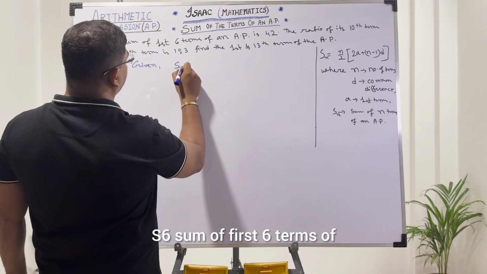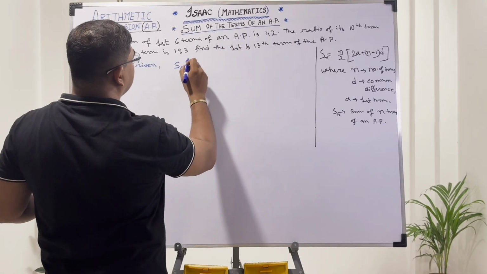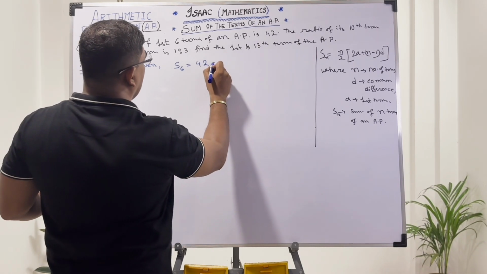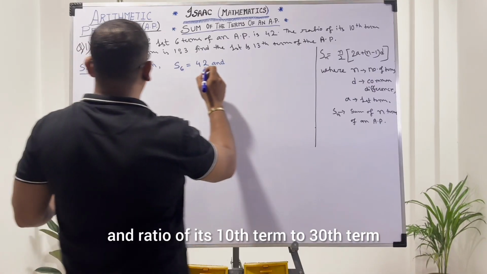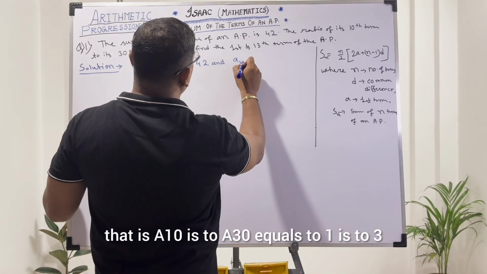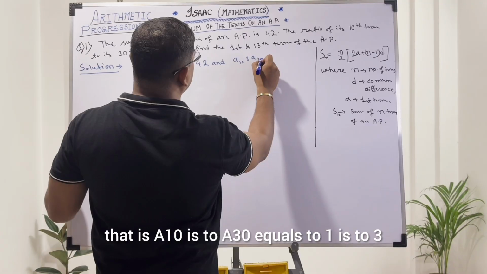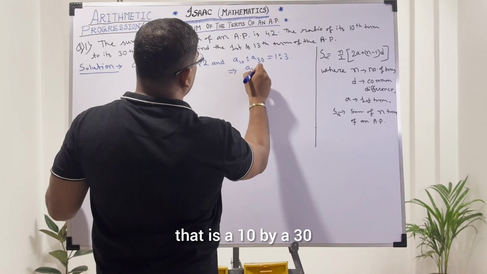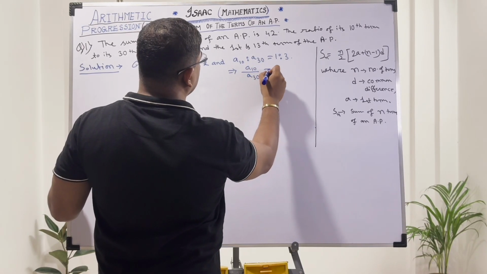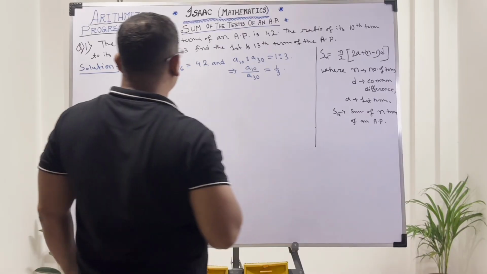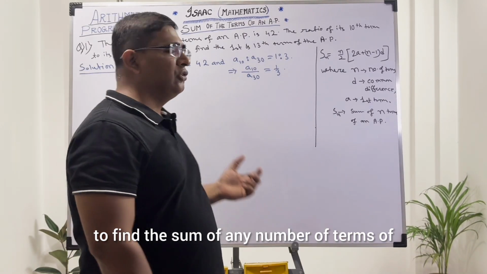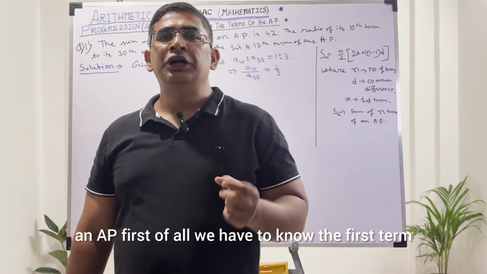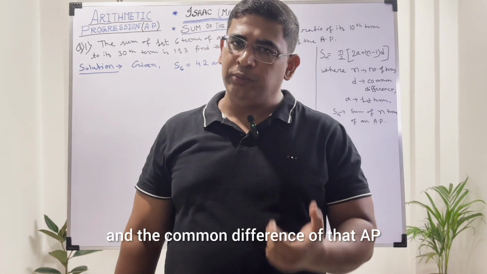S6, the sum of the first 6 terms of an AP, is 42, and the ratio of its 10th term to 30th term, that is A10 is to A30, equals 1:3. That is A10 by A30 equals 1/3. To find the sum of any number of terms of an AP, first of all we have to know the first term and the common difference of that AP.